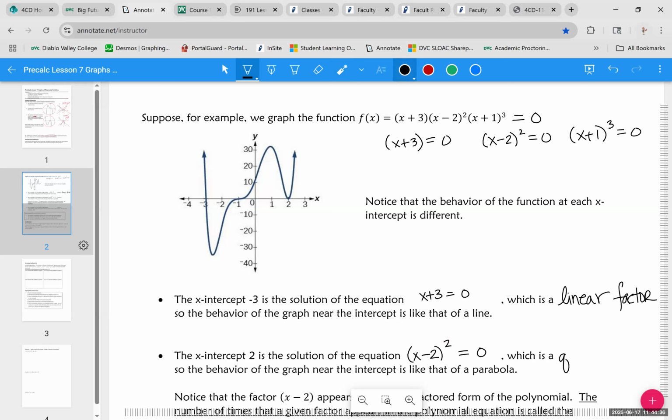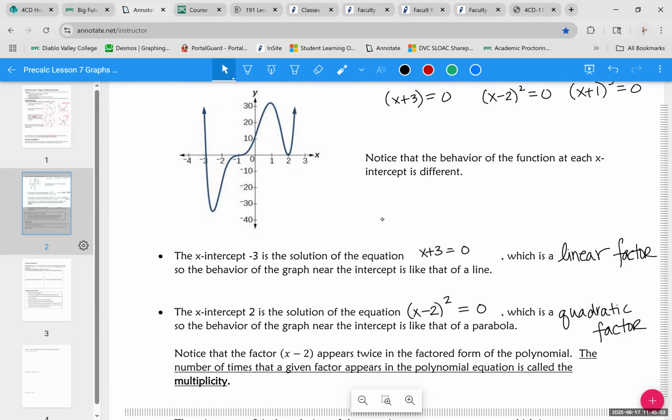That would be a quadratic equation or factor, however you want to write it is fine. And so you'll notice that the behavior near that intercept is like it's a vertex of a parabola. It comes down and it bounces back off. So it looks like a parabola because we were solving something that was of a quadratic nature.